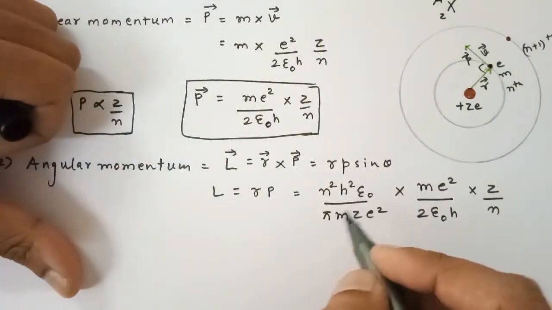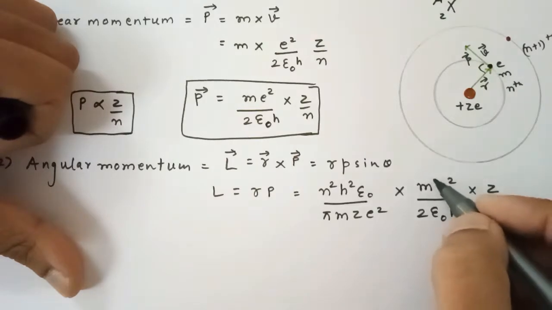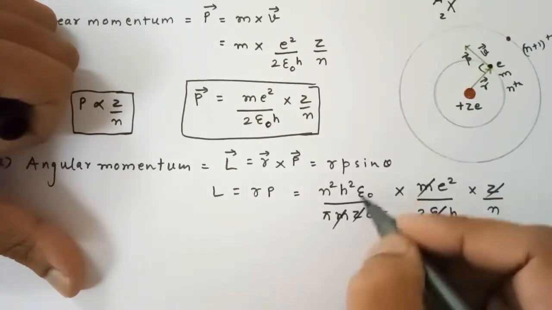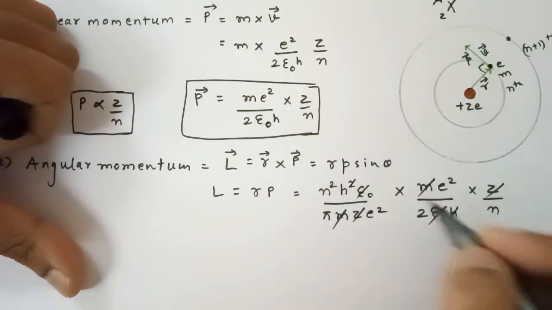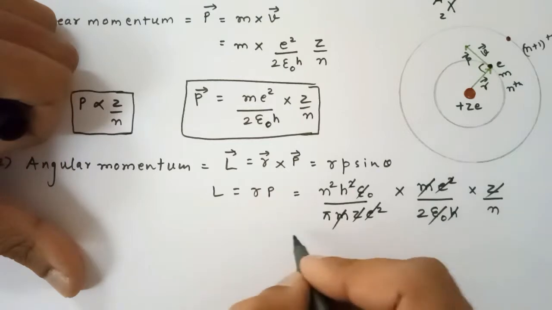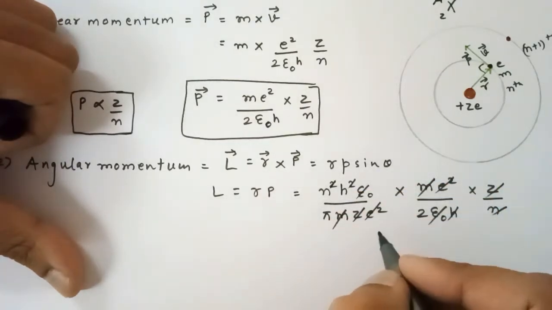So you can find out by cutting. m gets cancelled, Z gets cancelled, epsilon 0, h. If you cancel all those things, you will get nh upon 2 pi only.